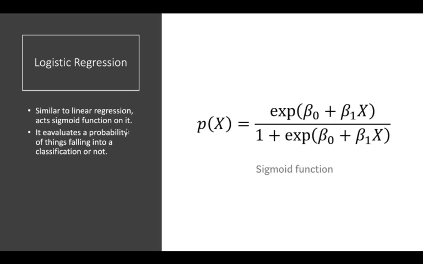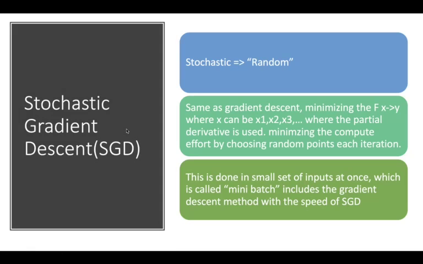Coming to logistic regression, it is similar to linear regression, but we use a sigmoid function to keep the numbers in the range of probability. It evaluates the probability of things falling into a classification or not. Then stochastic gradient descent.